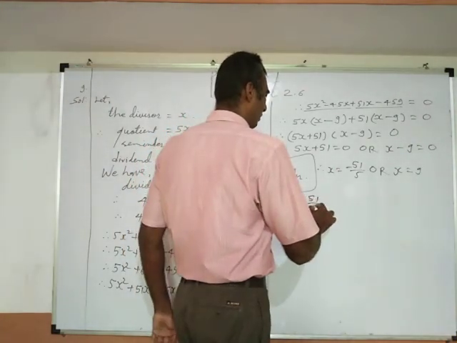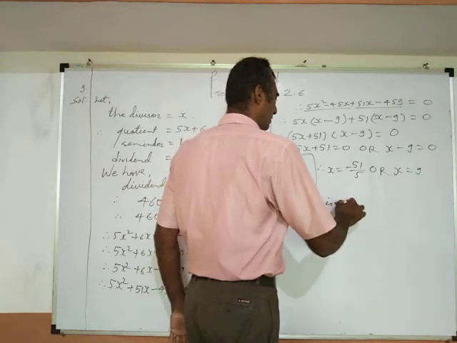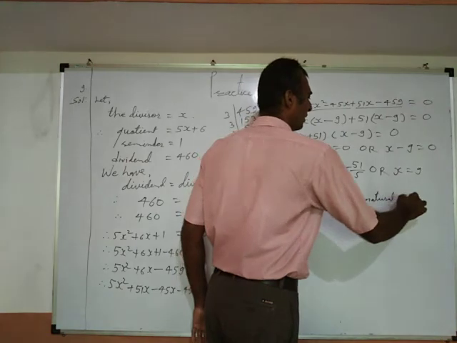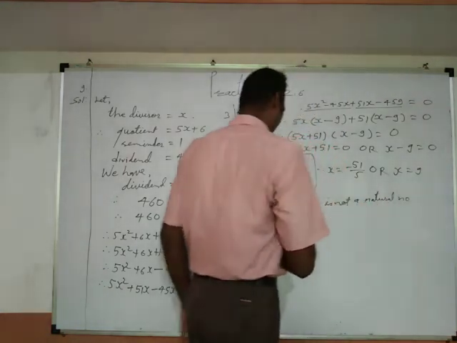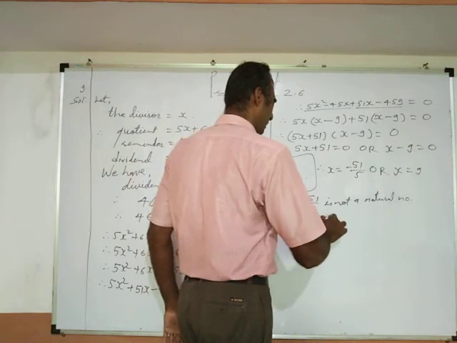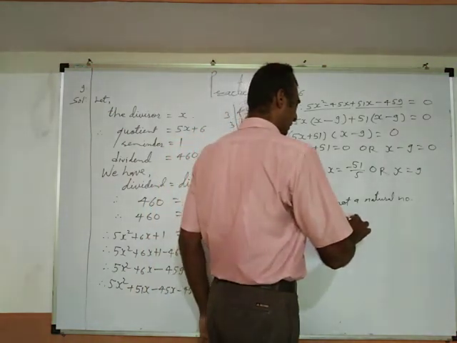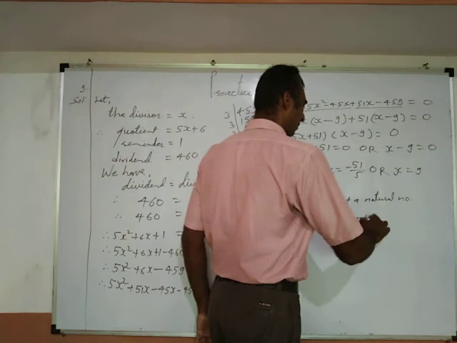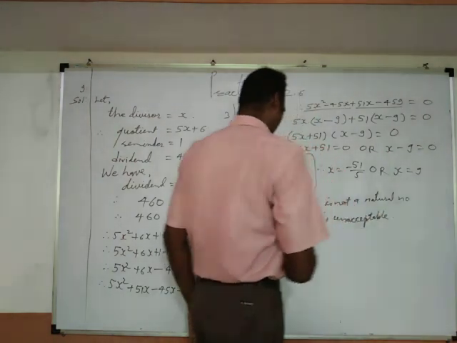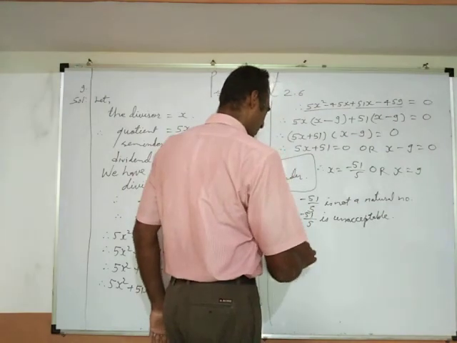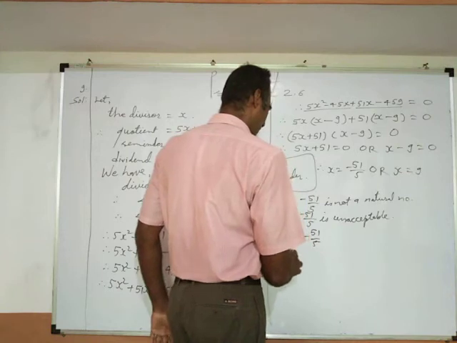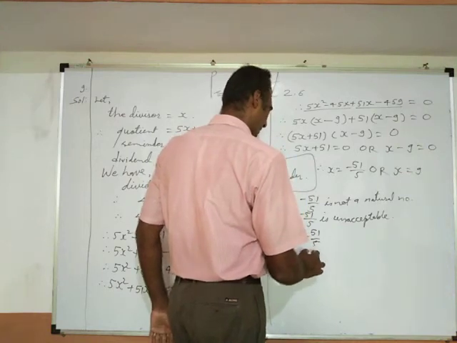But minus 51 upon 5 is not a natural number, and therefore x equals minus 51 upon 5 is unacceptable, and therefore x must be 9.